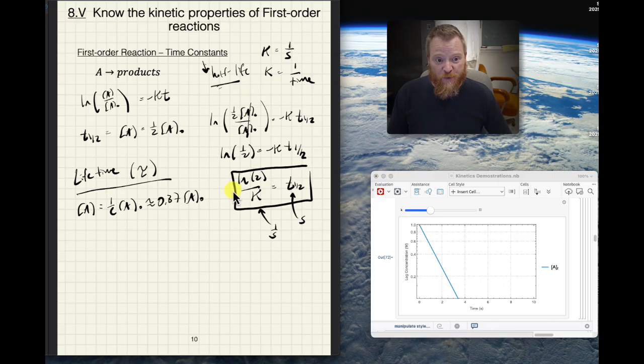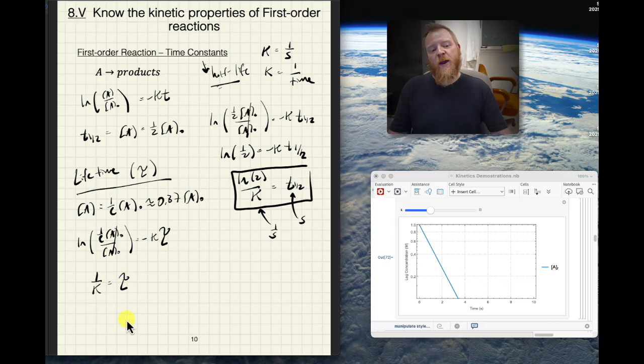Well, if we keep playing through this same game, where I plug in that definition for lifetime, that becomes 1/e times A0 divided by A0 equals negative k tau. Hopefully you can see right away what's going to happen. The A0 and the A0 are going to cancel. The negative sign will make that the natural log of e. And as you might guess, the natural log of e is 1.